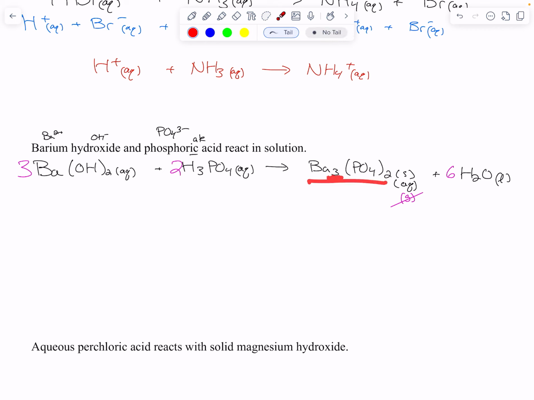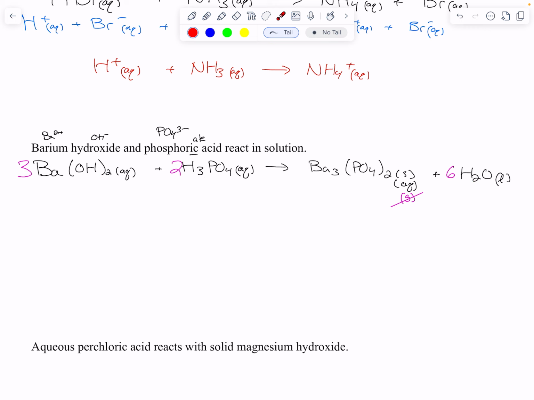So I have 3 bariums, so I need to put 3 in front of barium. I have 2 phosphates, so I need to put 2 here. And then just look at this oxygen. There are 6 of them, right? So that means I need to put a 6 there. And if you look, 3 times 2 is 6, and 2 times 3 is 6, so that's a total of 12 hydrogens, 12 hydrogens. That's how I like to balance these neutralization reactions.